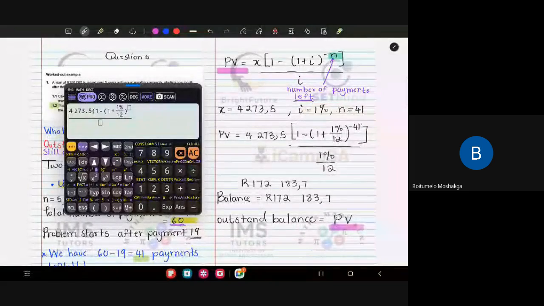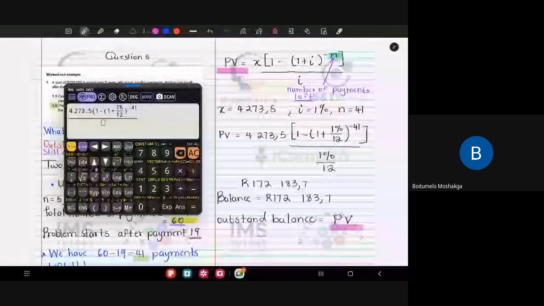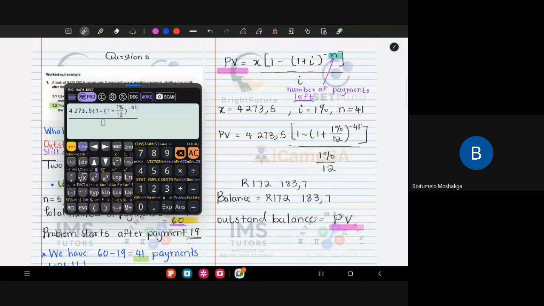And all of this to the power of minus 1/4. And then close the bracket. And this is divided by 1% divided by 12. Close that one. So we're getting 172,13.55. Why did you guys get a 7?